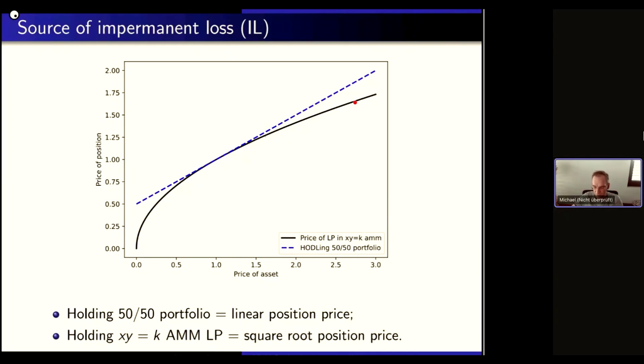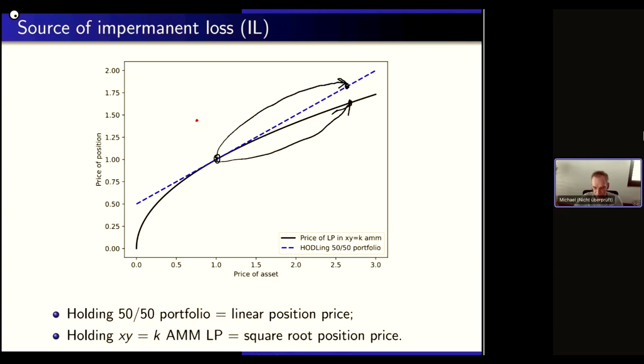And it appears that value in the pool, so if you deposited here, and if the price went up, it appears that value in the pool would actually be smaller than value of your portfolio of the same coins doing nothing.